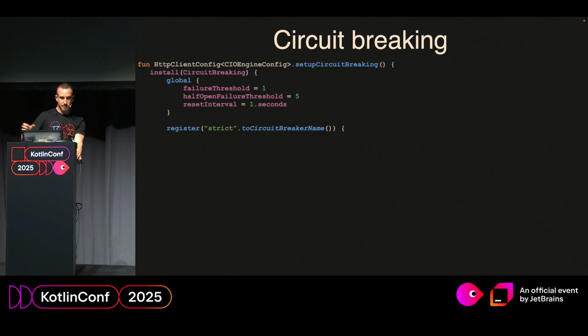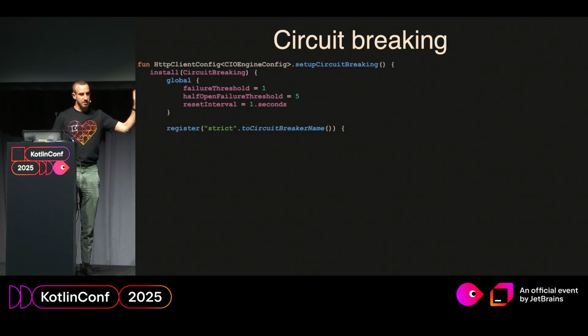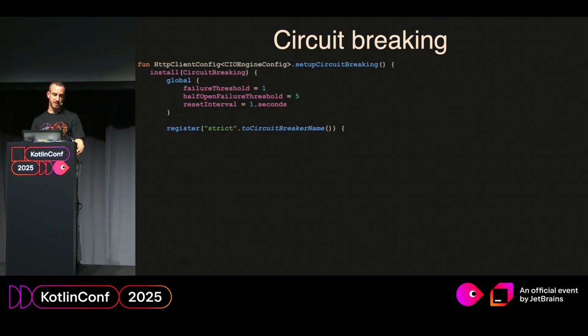But the point is that we can have a global policy and specific policies, and apply those either by default, every request is using the global strategy, whereas we can then explicitly say, but I want this request to be using a more strict policy. So here, register a strict policy.